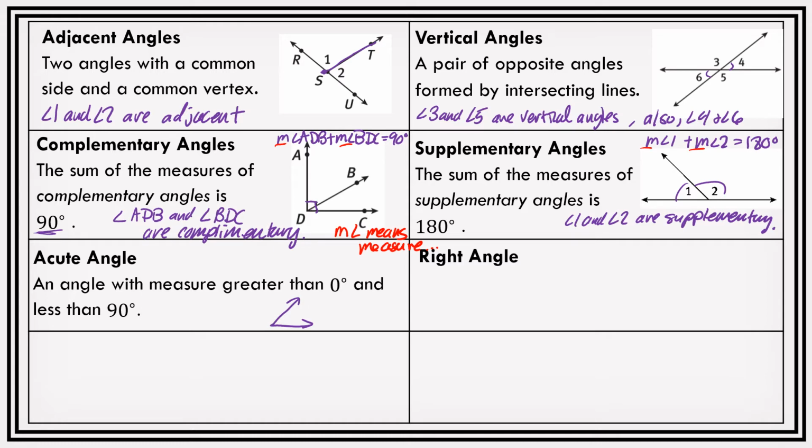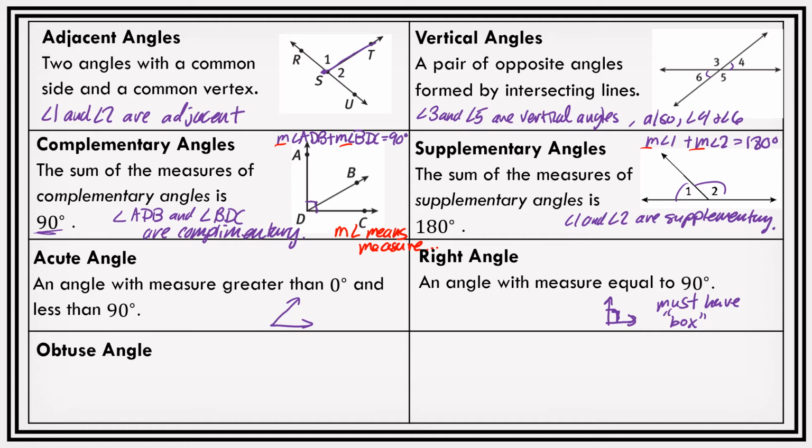All right, similarly, we have a right angle. We should know what a right angle is. It's an angle with a measure equal to 90 degrees. What signifies that an angle is a right angle on a picture is that little box. So that's what a 90-degree angle looks like.